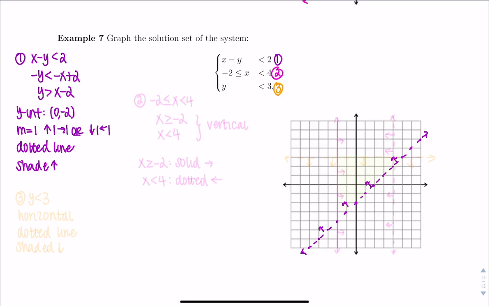Equation number 2 is negative 2 is less than or equal to x, which is less than 4. So this is like two equations in disguise. We have that x is greater than or equal to negative 2, and we have that x is less than 4. So these are both vertical lines.